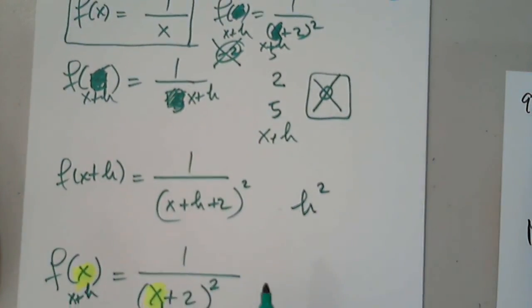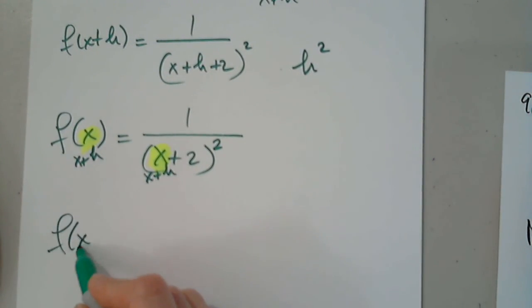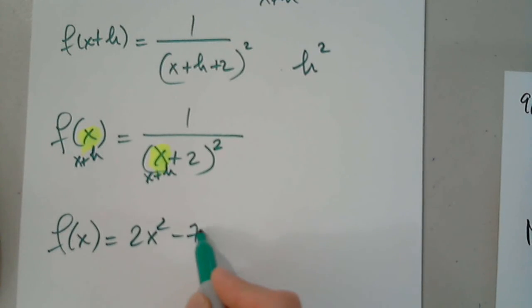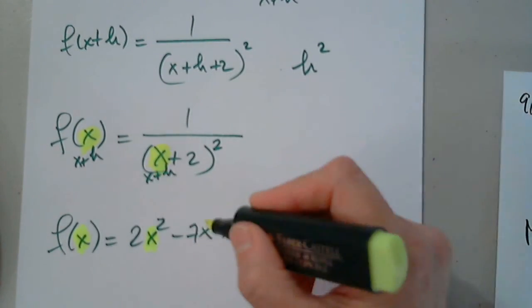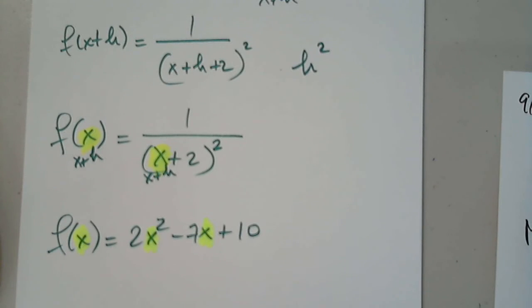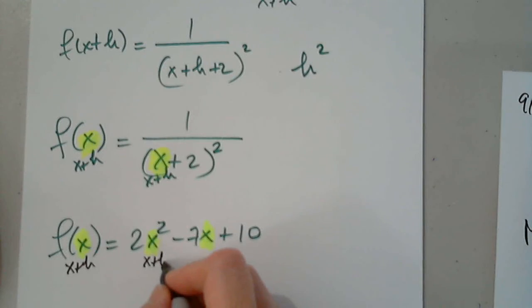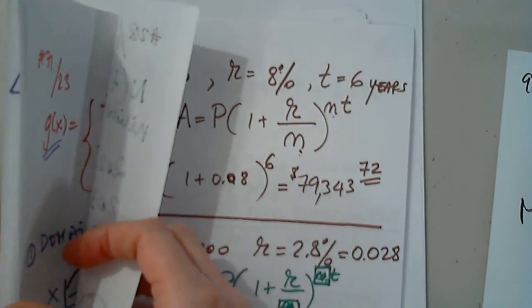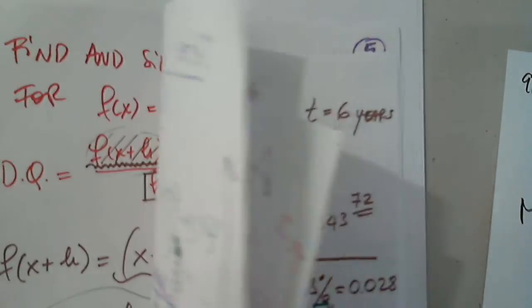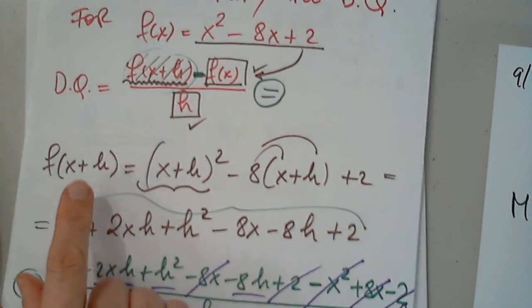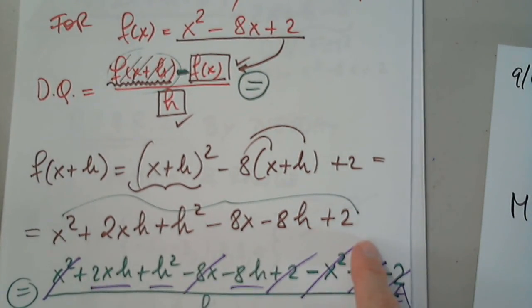Okay. So if a function is, for example, quadratic, then this is the whatever. So if the whatever is x plus h, then I have x plus h everywhere x is. So why did we do this last time?